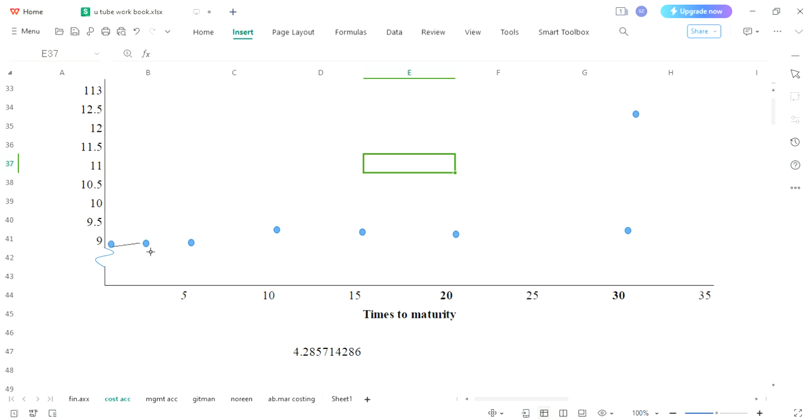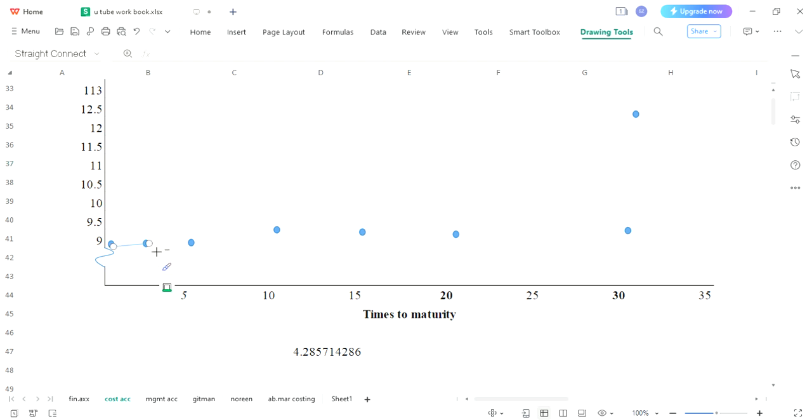Join the first point with the second, and then the second point with your third point, and then the third with the fourth, fourth point with the fifth.